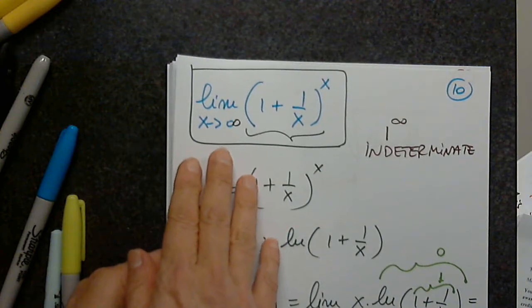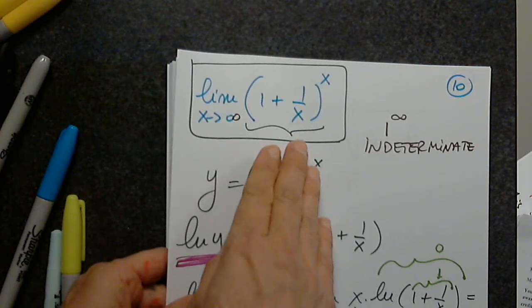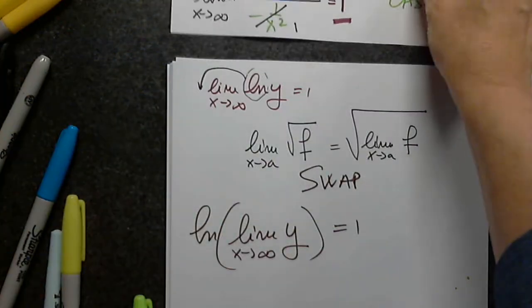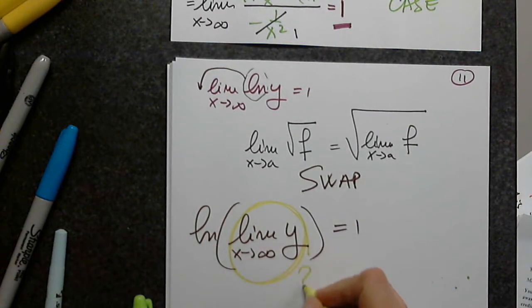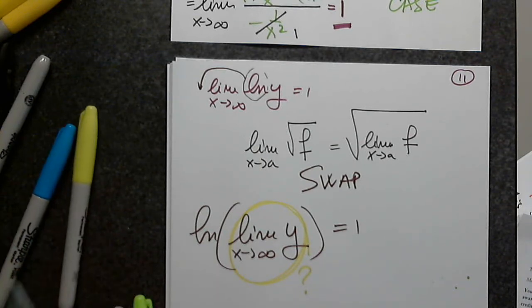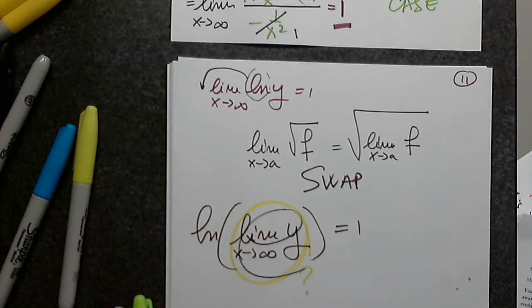From the very beginning, what are we after? We are after the limit of y, correct? So I am after this. What should it be so that its natural log is 1? And there is only one answer. This must be e.